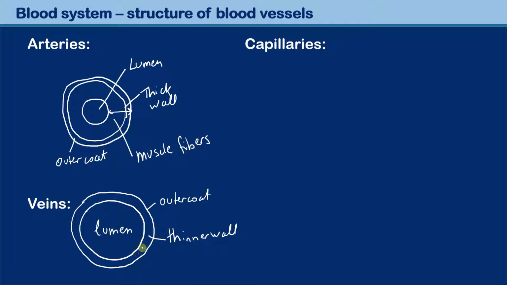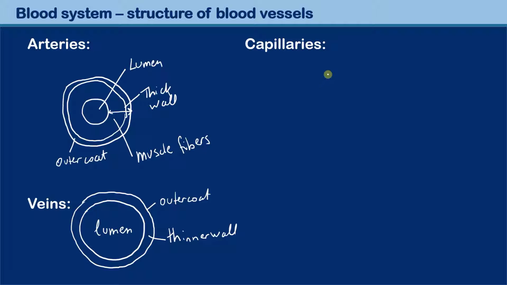There are also some muscle fibers in here, but not as many as in an artery. Again, the reason is because the veins do not carry blood of a high blood pressure, and therefore the wall does not have to withstand so much pressure, and there is not as much danger of the wall bursting.